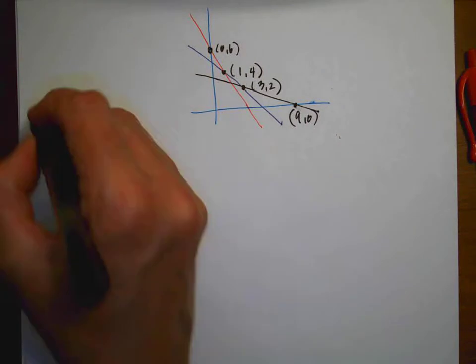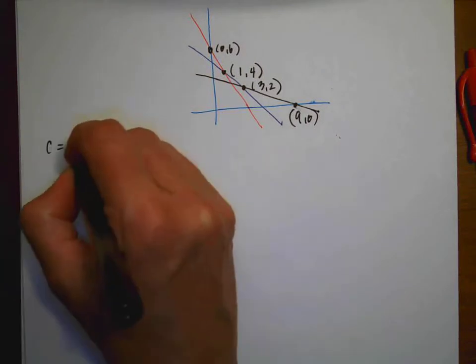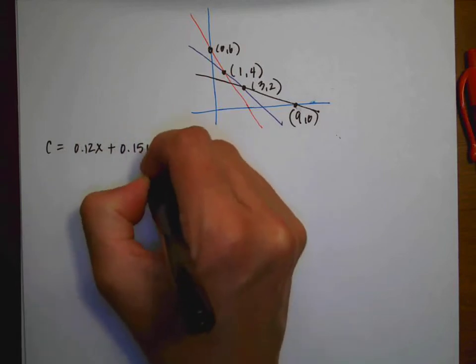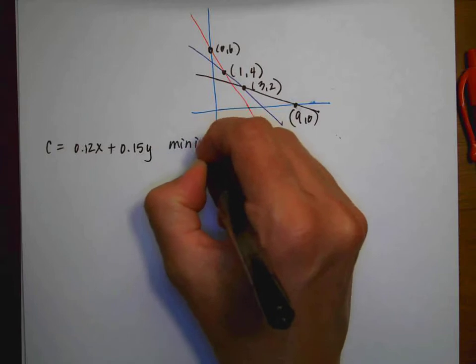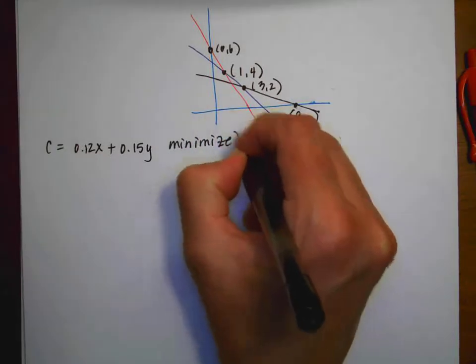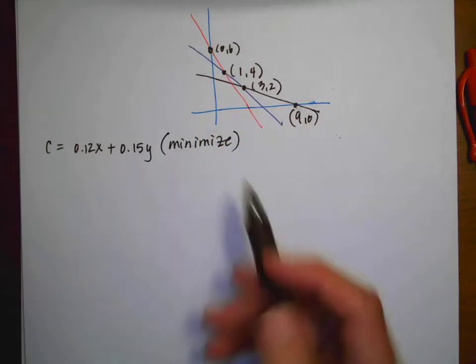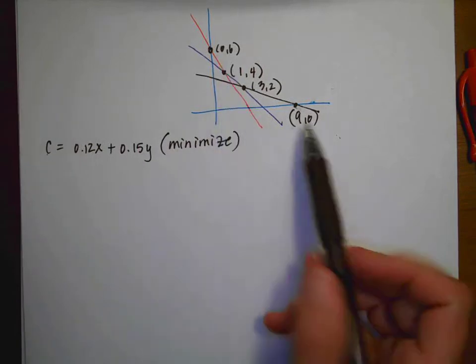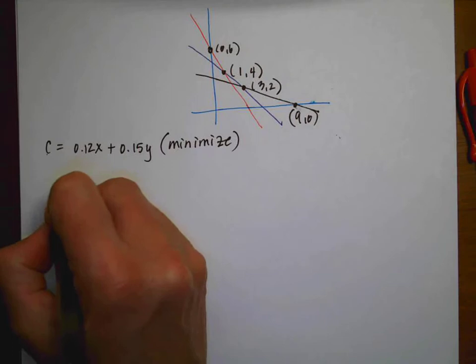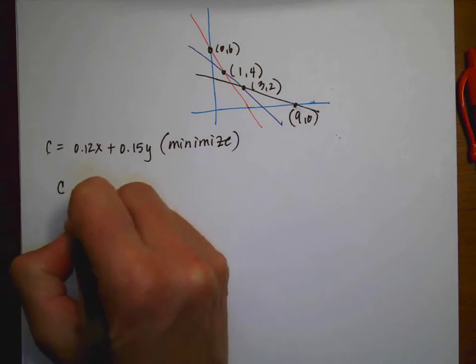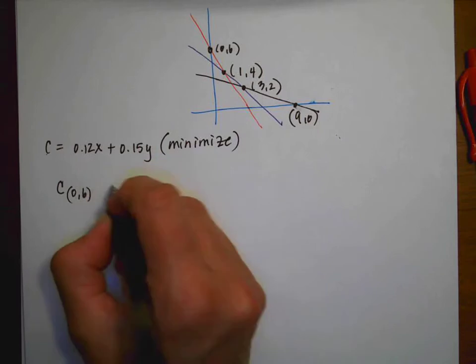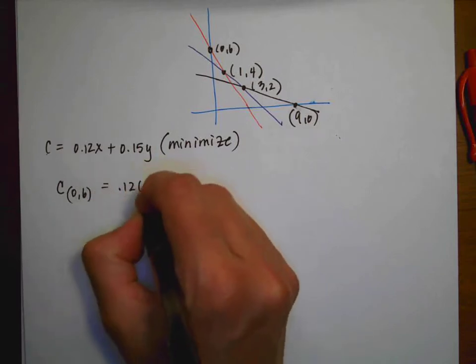So now, when I check, remember that my cost function was 0.12x plus 0.15y, and I'm going to write that I want to minimize because that was our goal. And so you would need to evaluate the cost function at each of these four vertices. So this is 0, 6, and I would run these values through my function.